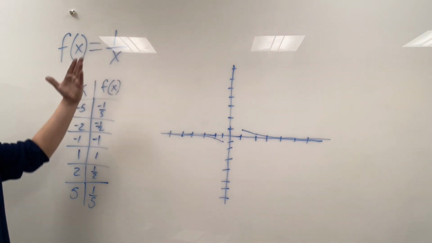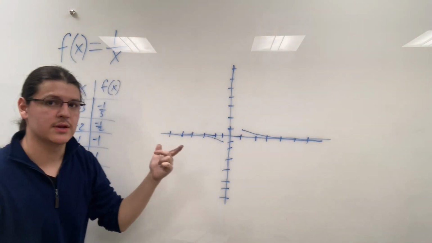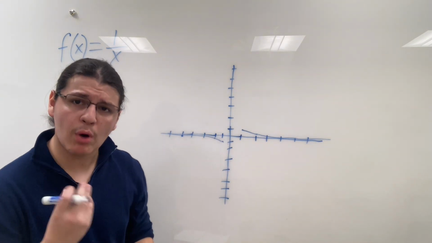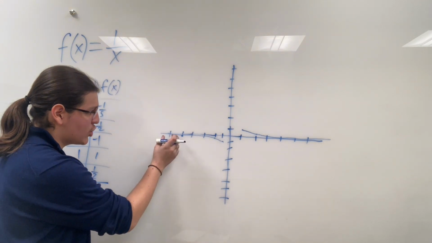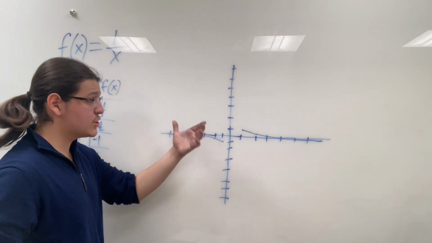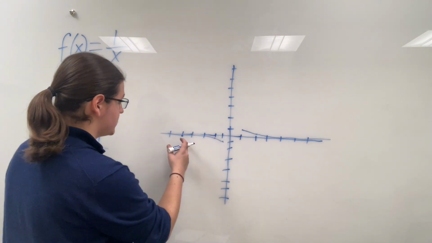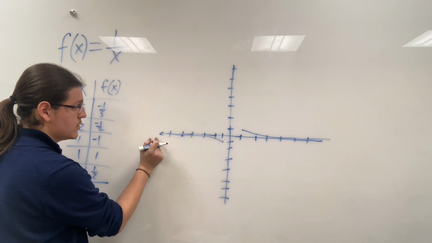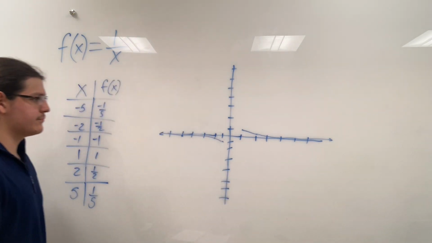But since this is a fraction, as our denominator gets bigger, our output gets smaller. That's why it doesn't quite touch 0. It doesn't quite go past 0. It just approaches 0. That's why we can assume that it's going to keep going this way. Put the arrow, and put the arrow.